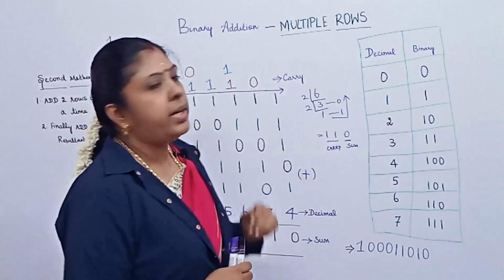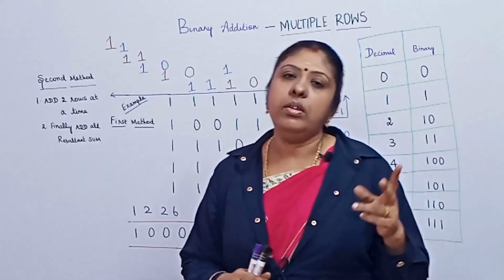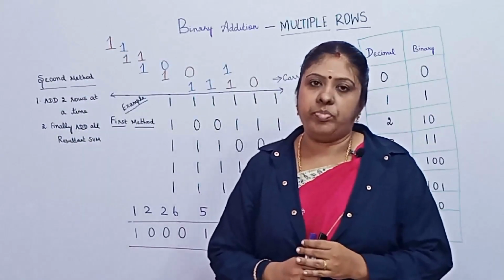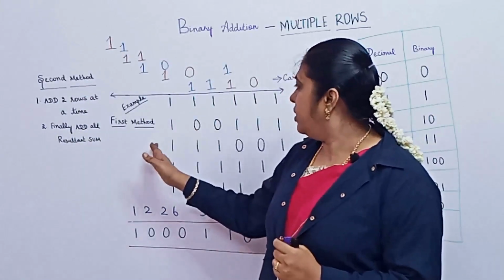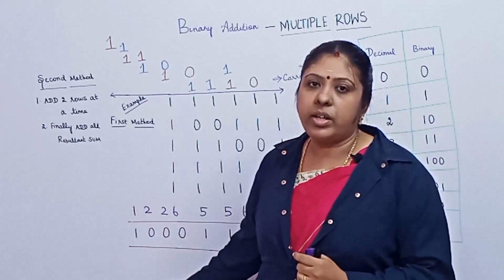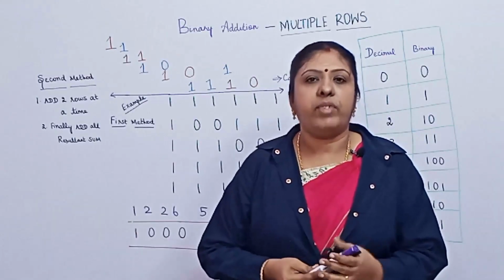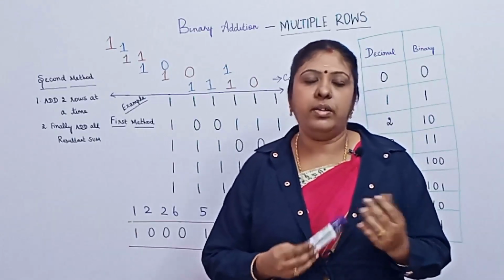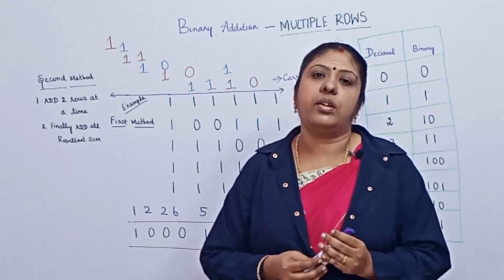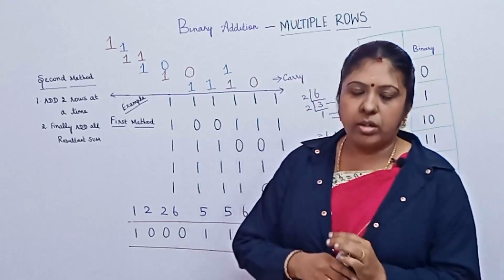For adding multiple rows, we have two methods. The first method is the example which I have solved here. The second method, I will explain it. Whichever you are able to use, you can use that methodology. So now, moving on to the video.